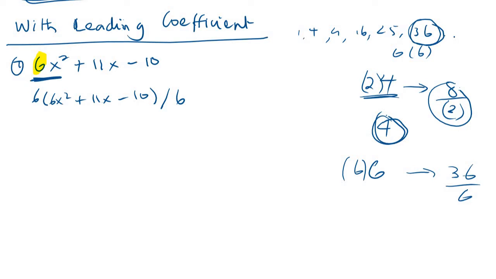I could have done it with the long division bar, but just for neatness' sake, I'm going to keep it like a short bar. Now I'm ready to multiply everything. It will be 36x squared plus 66x minus 60. All of this divided by 6 will give me the exact same expression I had at first.